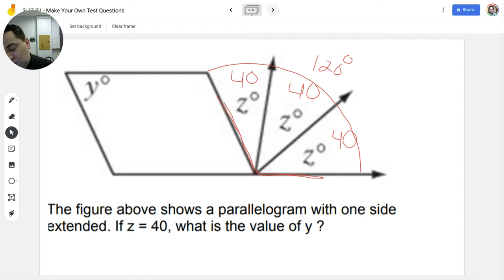The other thing I know here is that this external angle is a linear pair with the corner angle of the parallelogram. So if I take 180 and I subtract 120, I'm going to get 60 degrees.